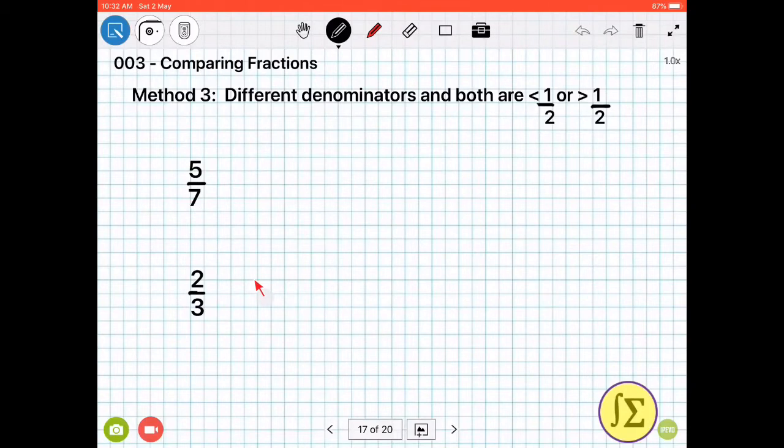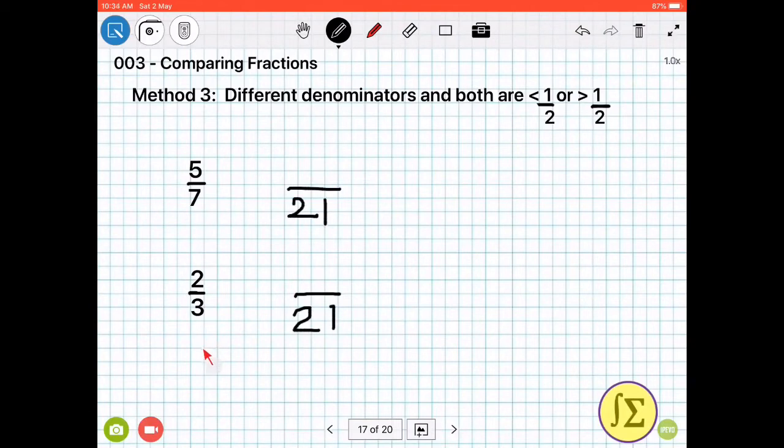In this case, we have to convert both fractions to equivalent fractions with the same denominator. I will multiply 7 and 3, so I get 21 for both, right?